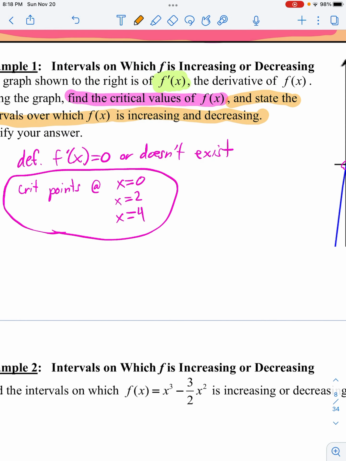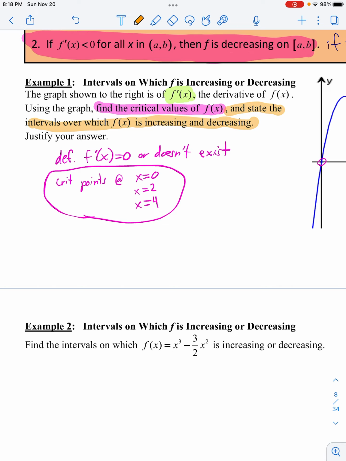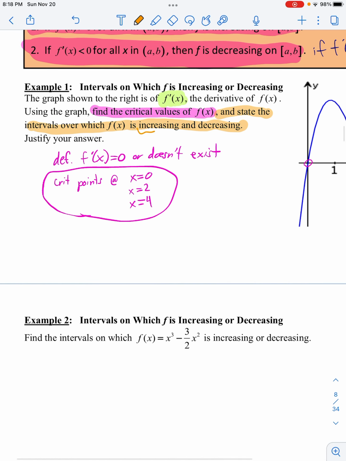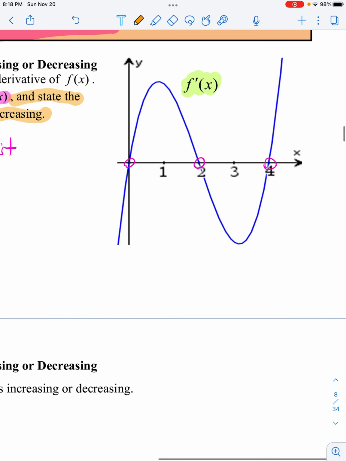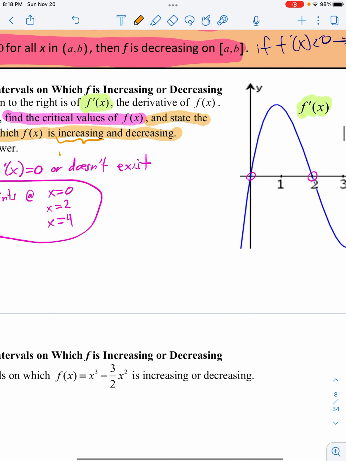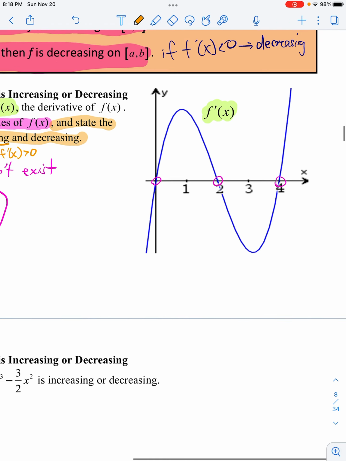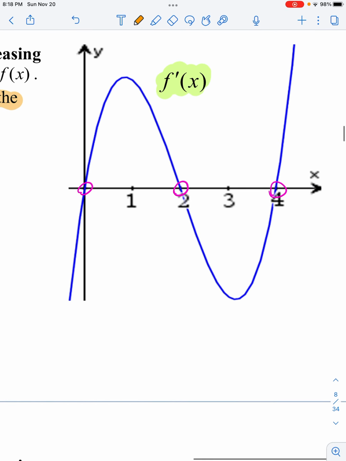Orange. State the intervals over which f of x is increasing and decreasing. So for increasing, that's wherever f prime of x is greater than 0. So we look at the graph here. This is the graph of f prime of x. So f prime of x is greater than 0 wherever our graph is above the horizontal axis.